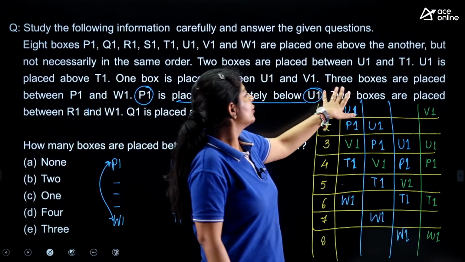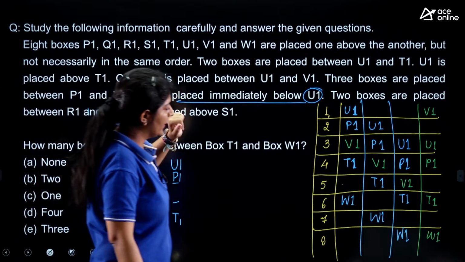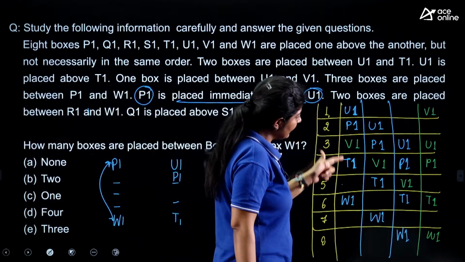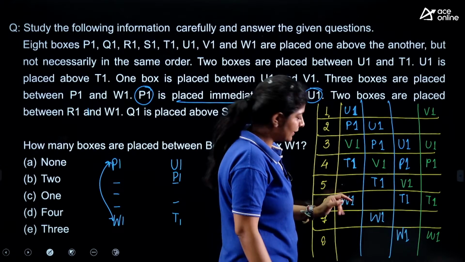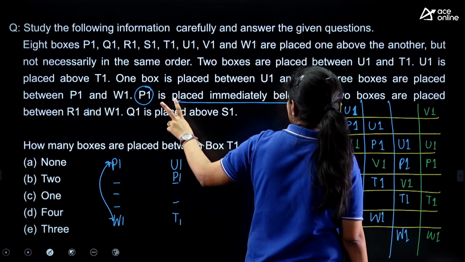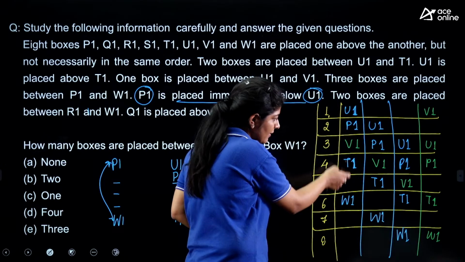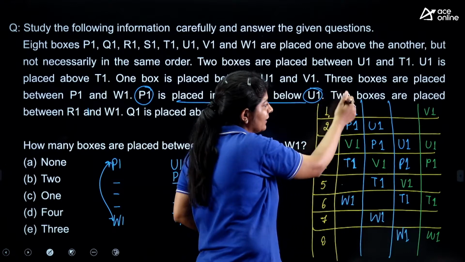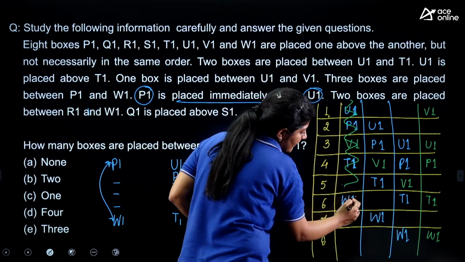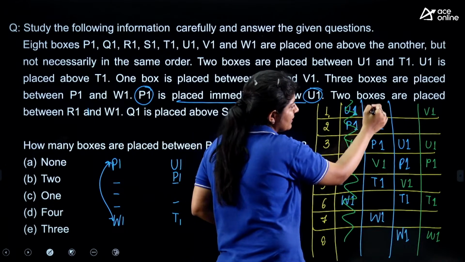Okay, these two boxes are placed between R1 and W1. If we will see, this case is eliminated because we are left with no space. It is clearly given that there are two boxes. 1, 2, no space. This is occupied by other boxes. So this case is eliminated. This one, again, we can't go upside as well as the downsides.